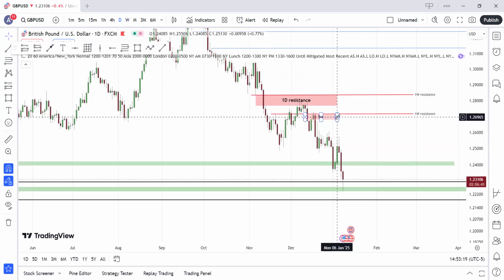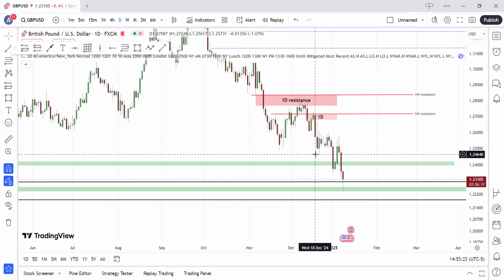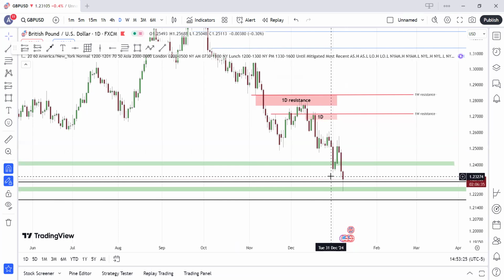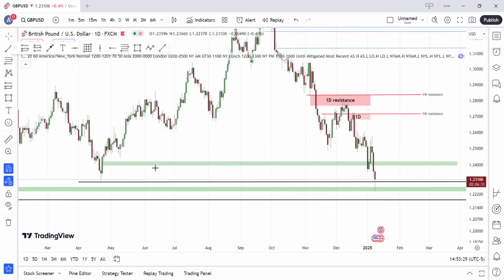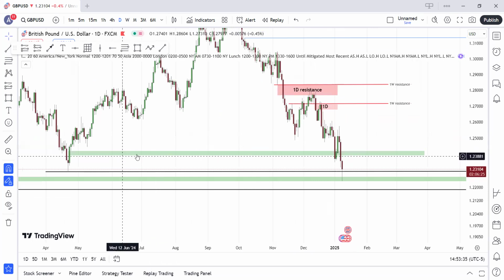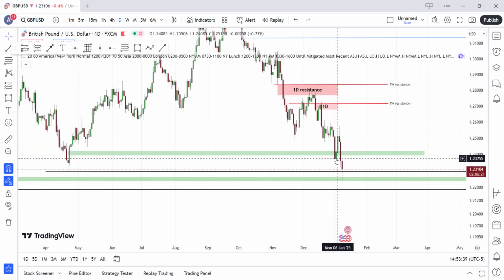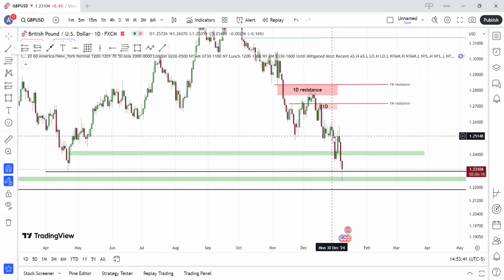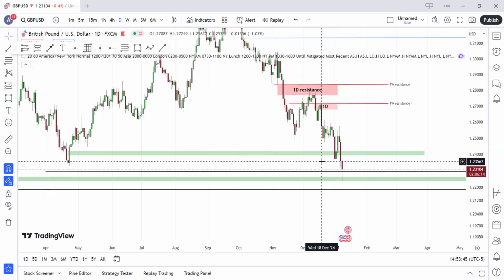Okay. Price went up and then came down. As you can see, price now goes down. We traded into a daily support area, which is right here, which I marked out a very long time ago. We went below it and closed below it. So I looked at this resistance area as a potential place to push price down.